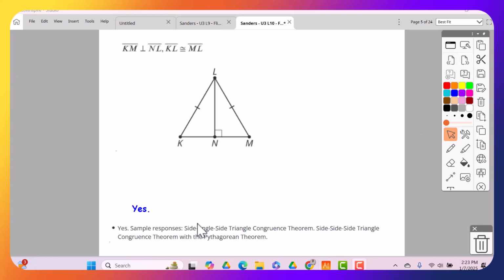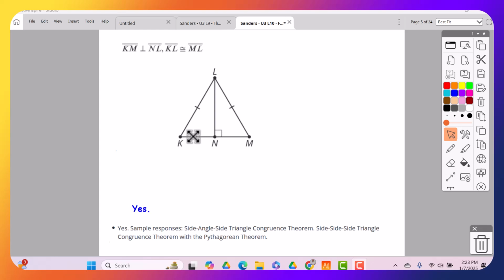Do we have enough information? Yes, we do. As it says down here under sample responses, side-angle-side triangle congruence. We know that these two sides, LK and ML, are congruent, and we have this 90-degree angle.